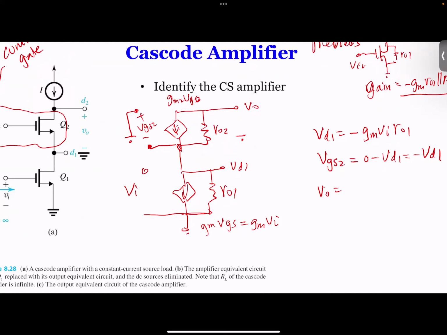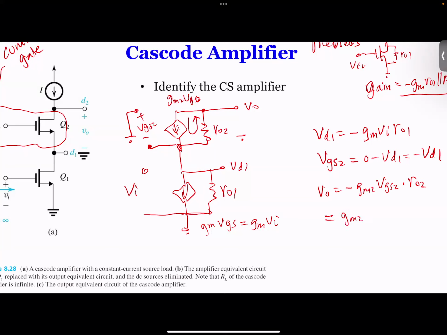Which means you have current going this way, and the voltage over here will be minus GM2 times VGS2 times RO2. If we plug in that VGS2 here, the negative sign is going to cancel.